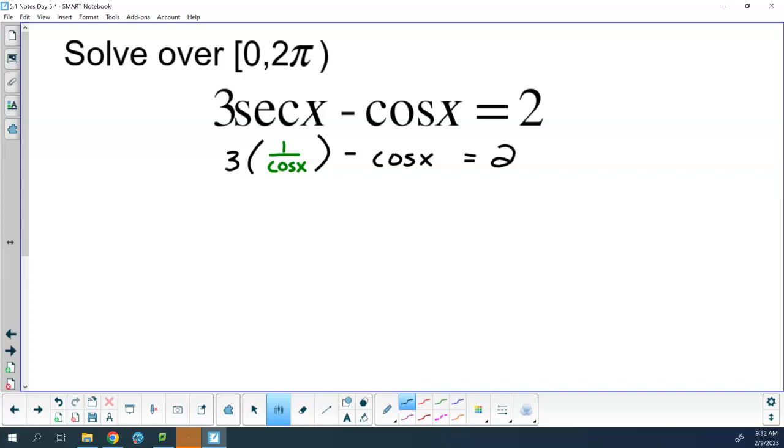So, okay, so here, let's get to this one. So 3. Okay, we move the 2 over, and then what?